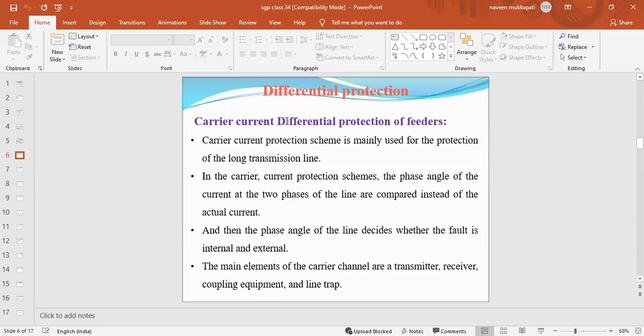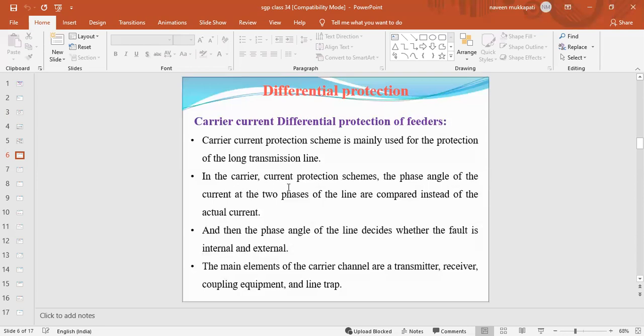Therefore, the carrier current protection scheme is mainly used for the protection of long transmission lines.